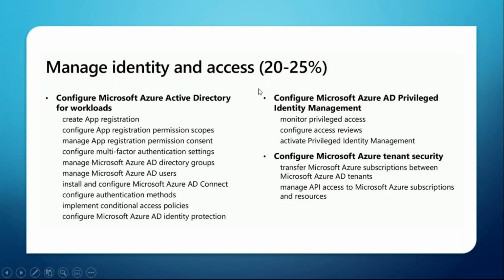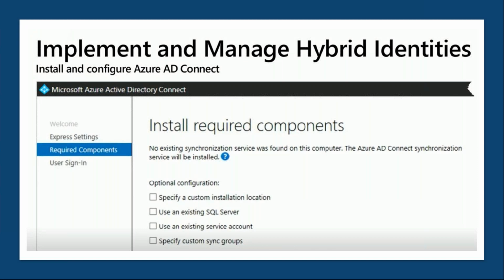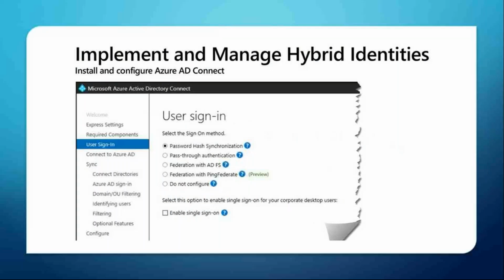In this we are working on how to identify things and how they work. My dear friends, this is implementing and managing hybrid identities. This is the particular software you are going to use, so your existing Active Directory users will be migrated to Azure Active Directory in the cloud. This is the software you will download. We will do some practicals once we learn it.